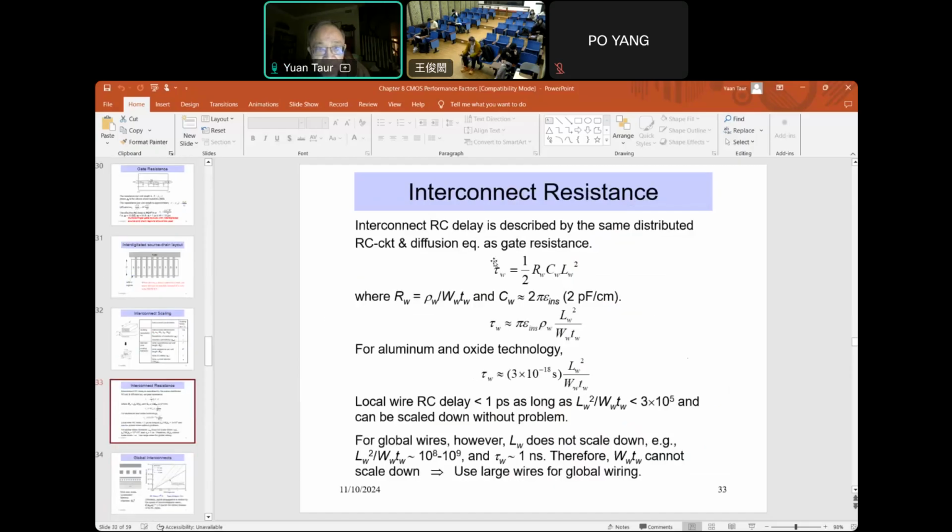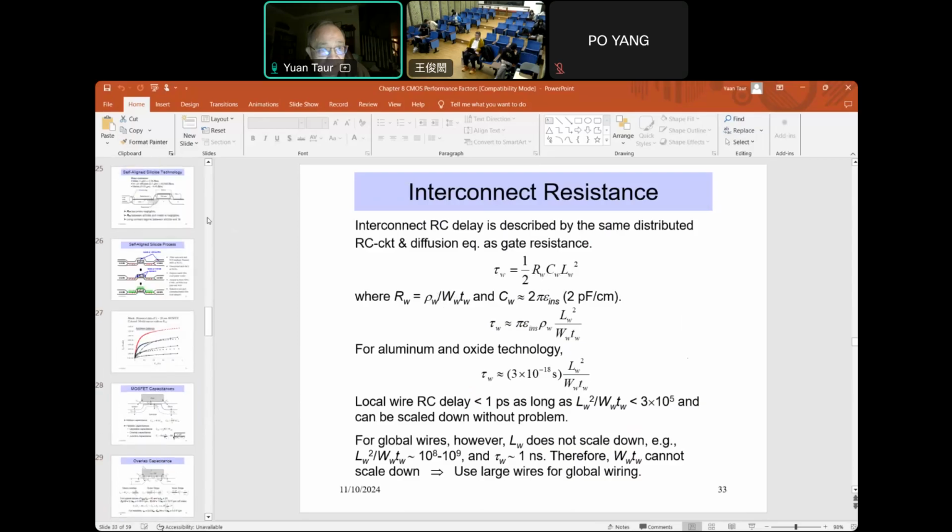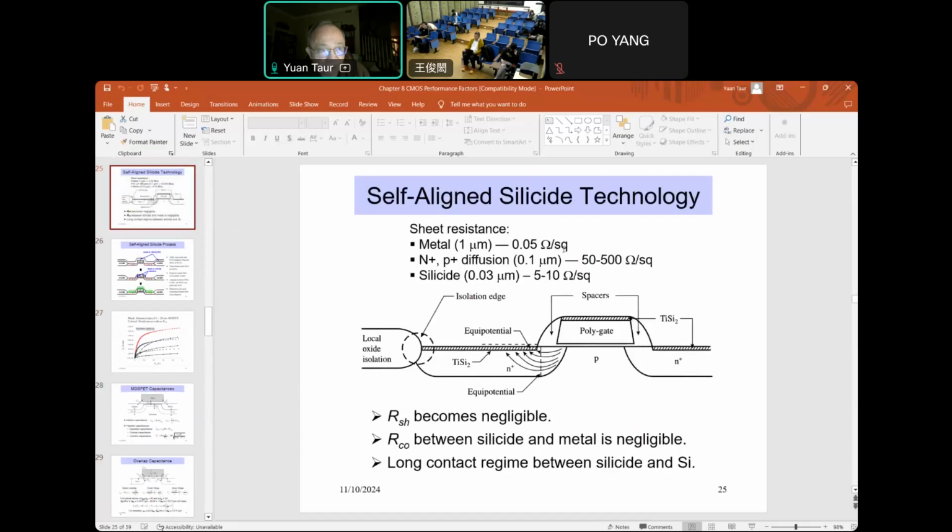We discussed that here, for the interconnect RC delay, given by this, and then we put in some numbers. R_W is the resistance per length, and C_W is the capacitance per length. We consider in this case metal. Metal is very conductive. Remember that I showed that metal is 0.05 ohm per square.